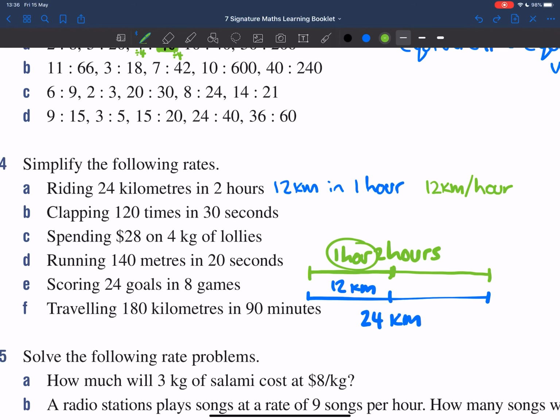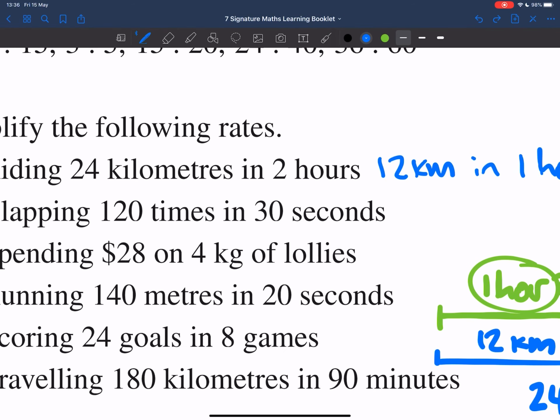So just above this, I'm going to write divided by 30. Now, whatever I do to one unit, I must do to the other. So I'm going to divide 120 by 30 as well. That's the whole point of these questions, is to convert the second unit to the number 1, and then whatever you do to this side, you've got to do to that side.